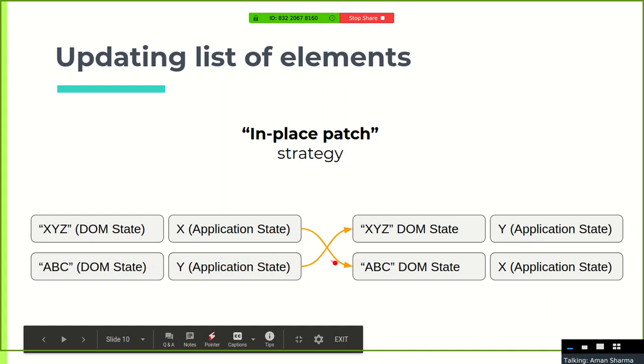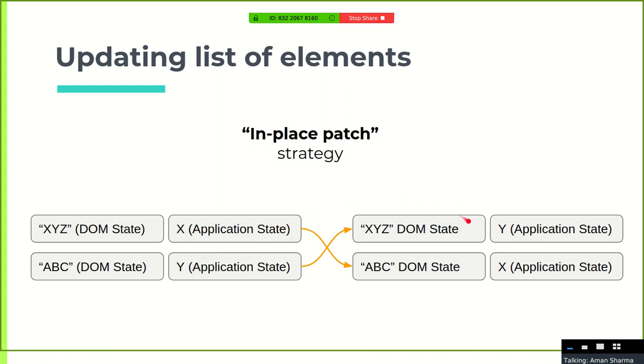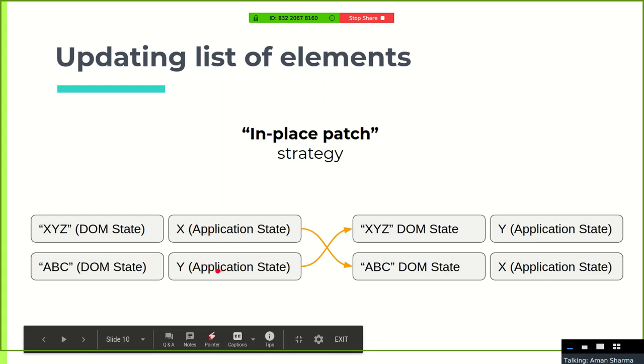Now if we swap X and Y, if we swap the order, according to the in-place patch strategy, Vue will change the data that was rendered over here. It won't pick up this whole block and shift it here. It will only change the data.